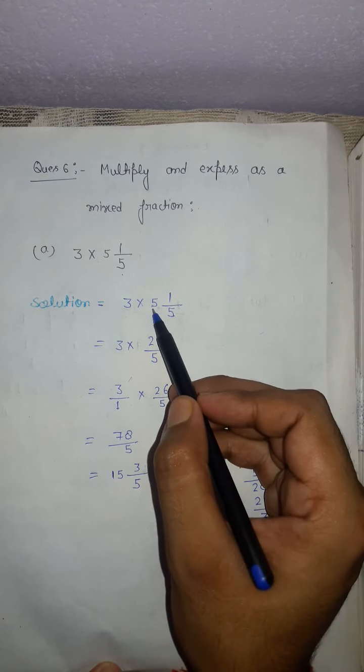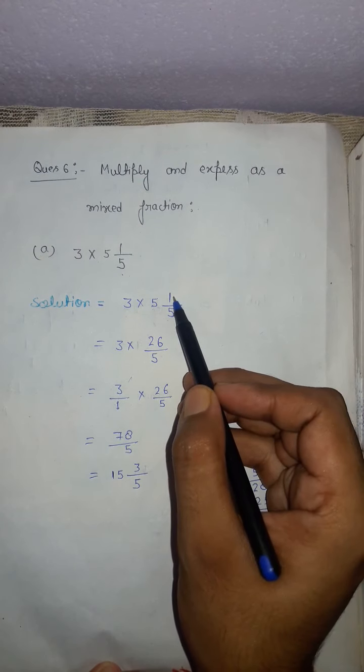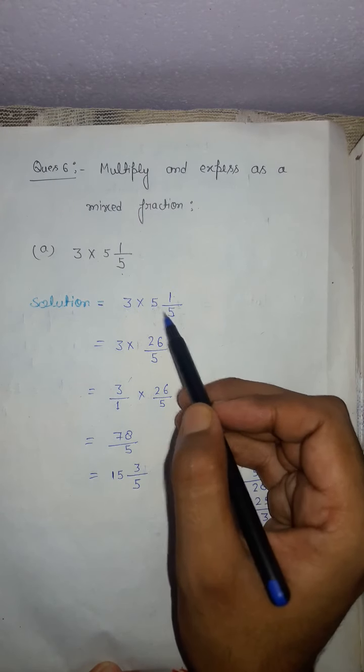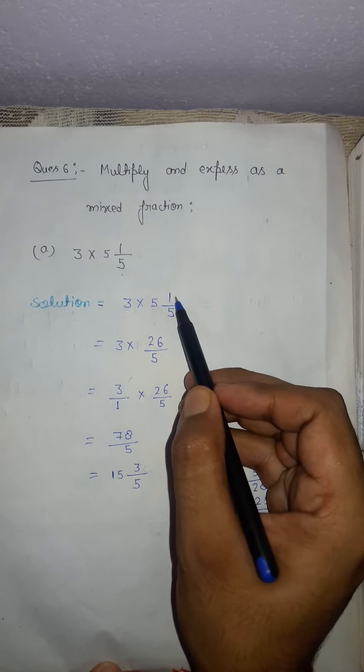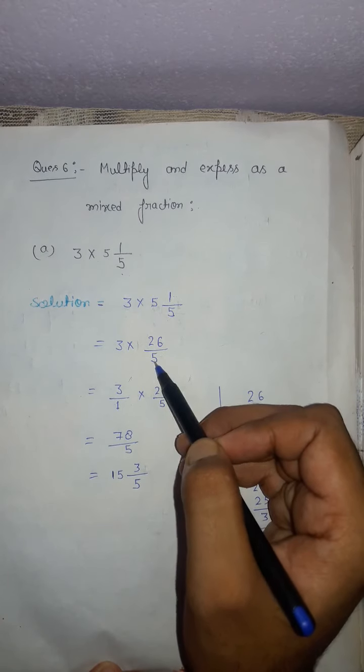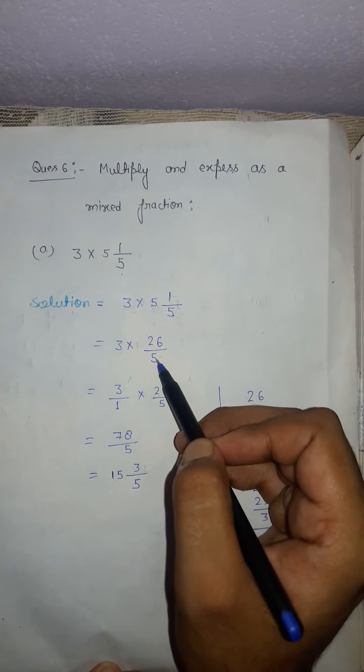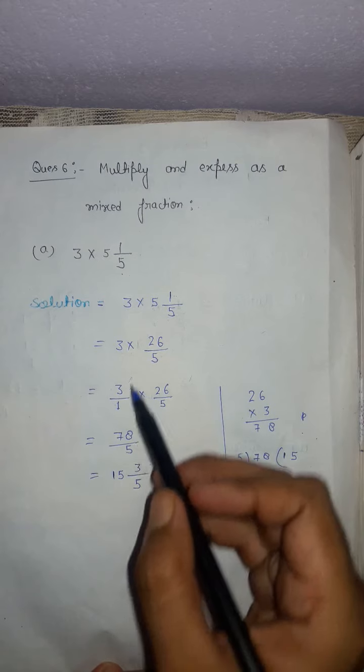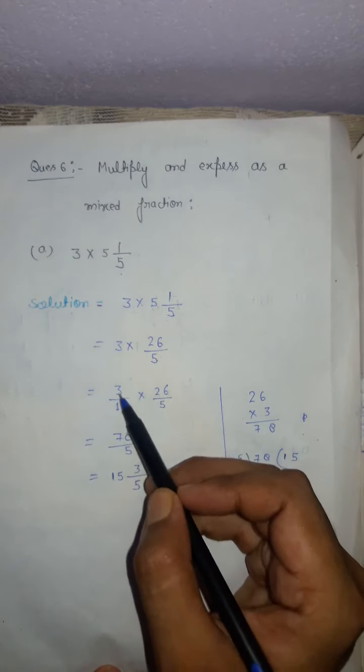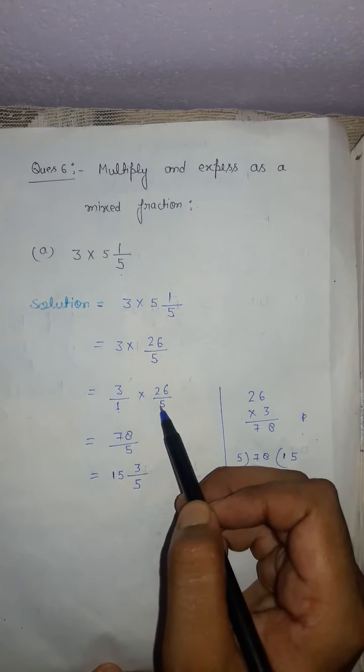Then adding the numerator, 25 plus 1 is 26. So 26 upon 5. So 3 into 26 upon 5. 3 can be written as 3 upon 1 into 26 upon 5.